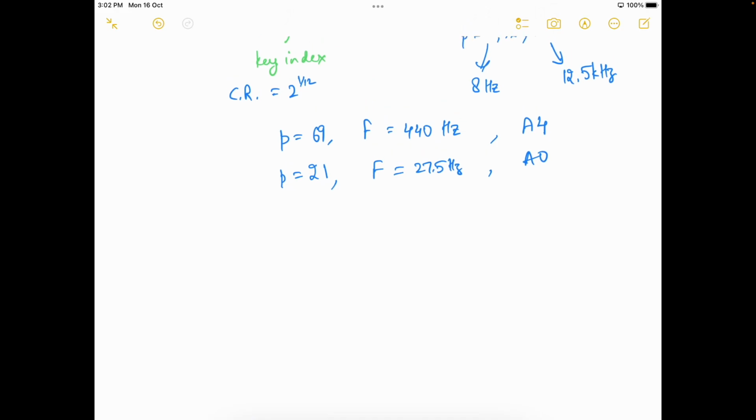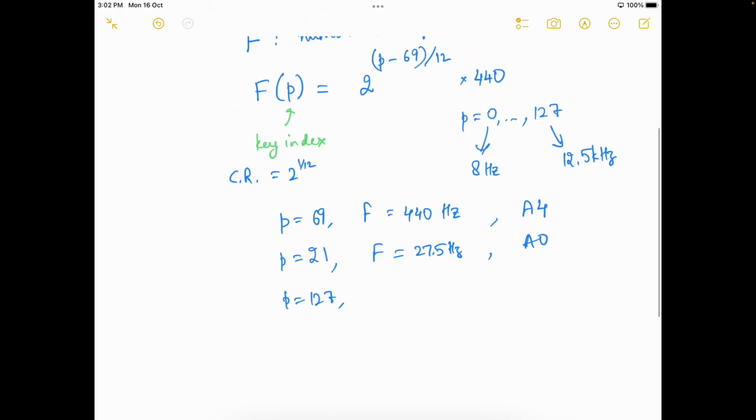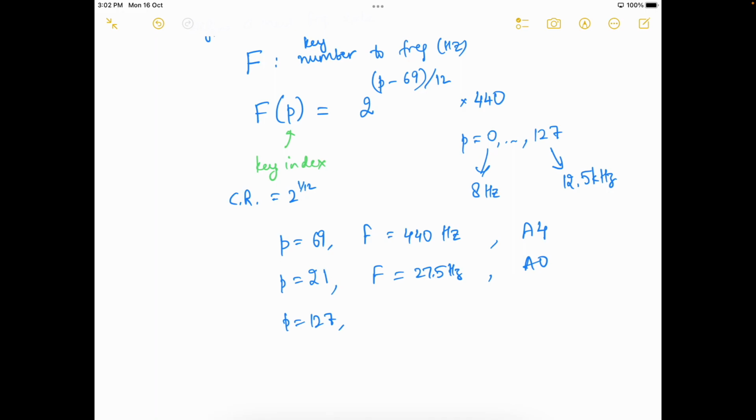Tell me, at P equal to 127, what is the note following this convention? That is the last value of P, 127. The frequency is about 12.5 kilohertz.